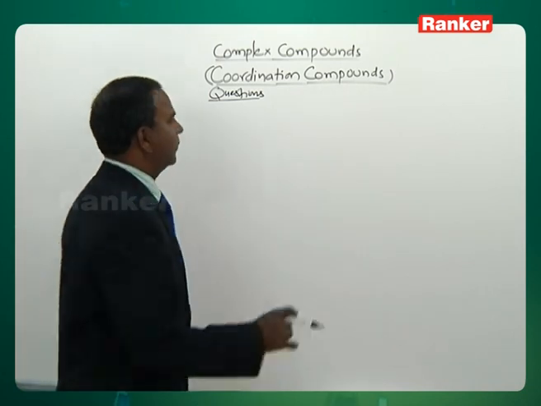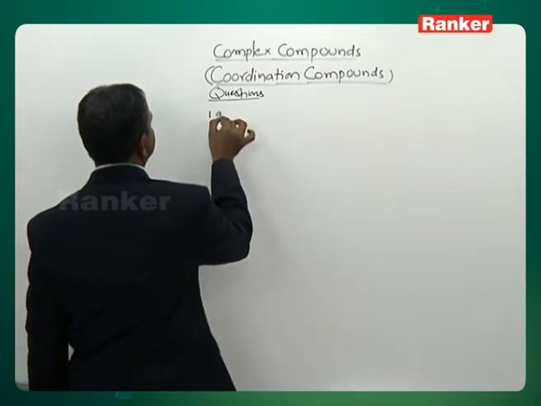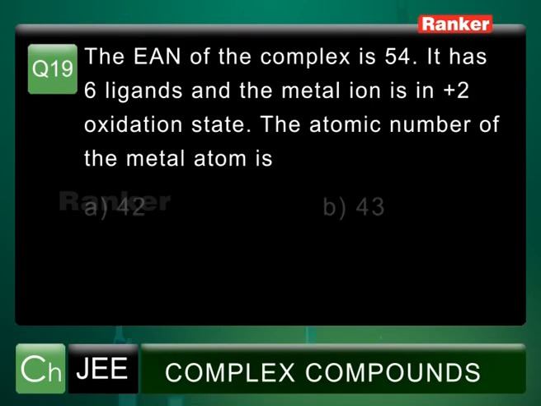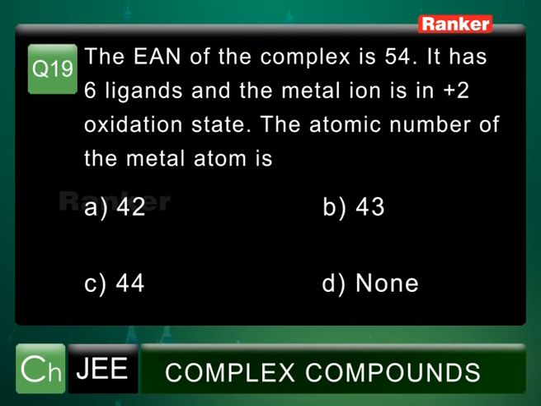Next, question number 19. The EAN of the complex is 54. It has 6 ligands. The metal ion is in the +2 oxidation state.